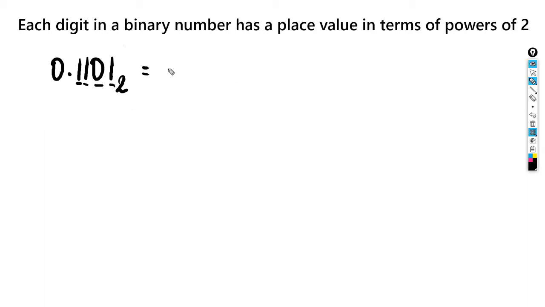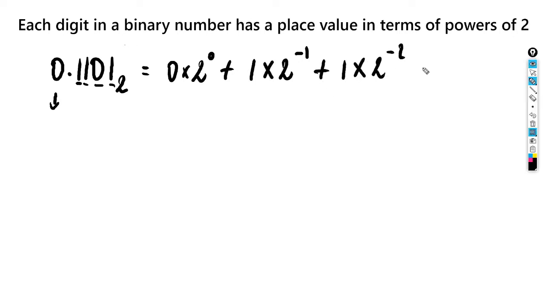So the first one would actually be 0 times 2 to the 0, okay, which is this space here. Then the next one would be 1 times 2 to the negative 1 plus 1 times 2 to the negative 2 plus 0, which is this 0 here, times 2 to the negative 3 plus 1 times 2 to the negative 4, okay?